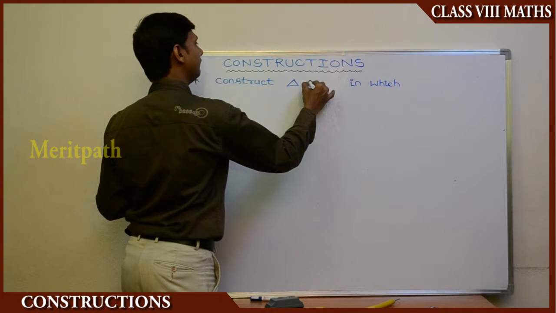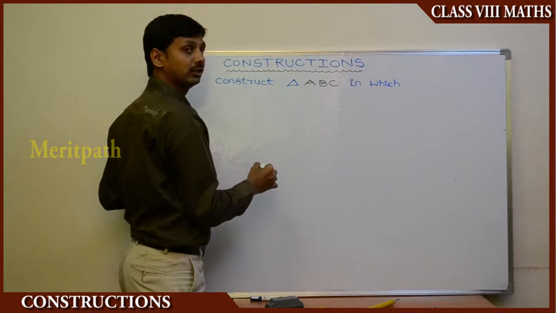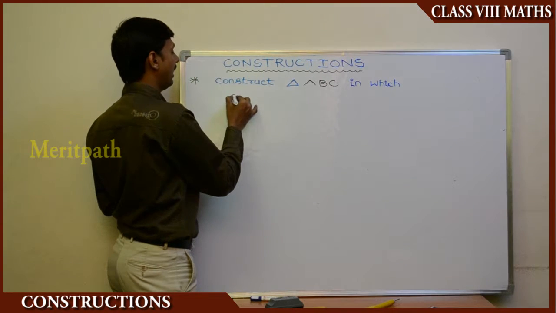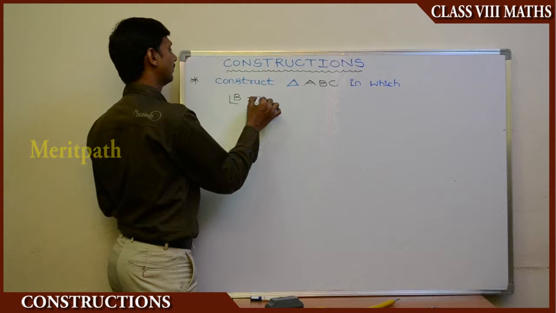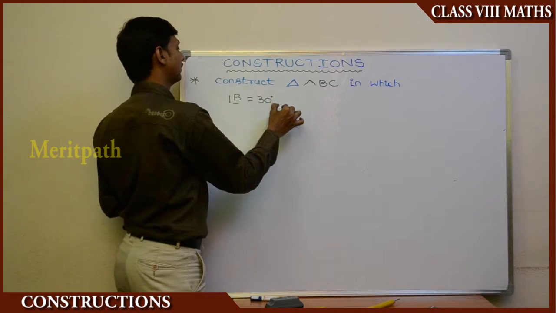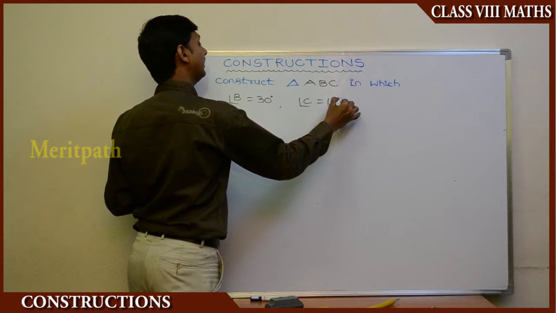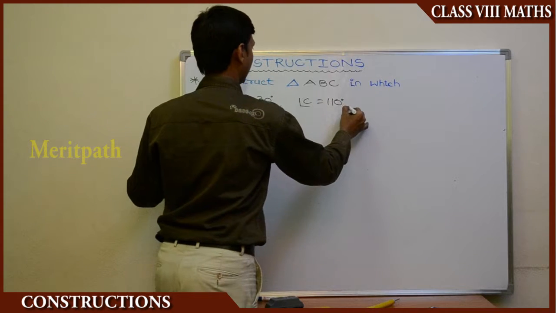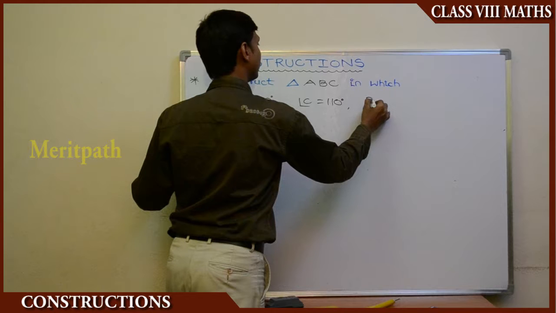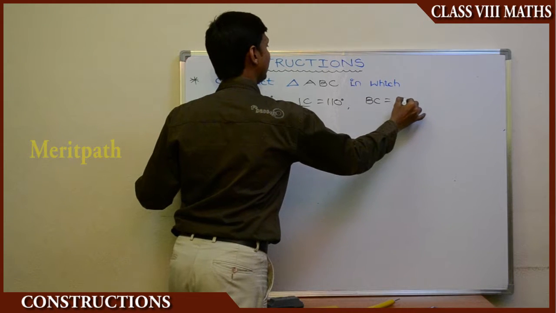Construct triangle ABC in which angle B is 30 degrees, angle C is 110 degrees, and BC is 10 centimeters.